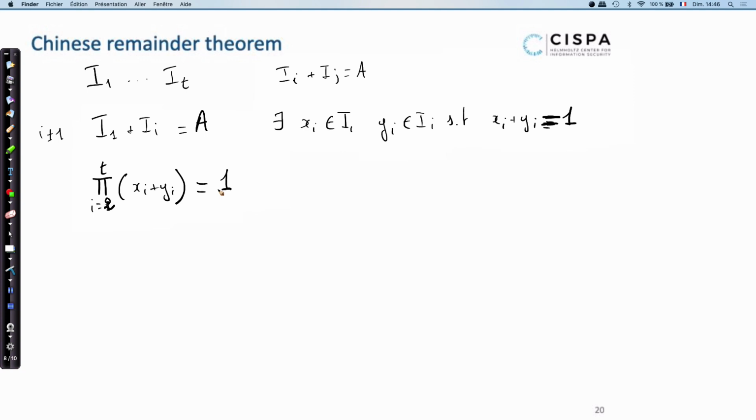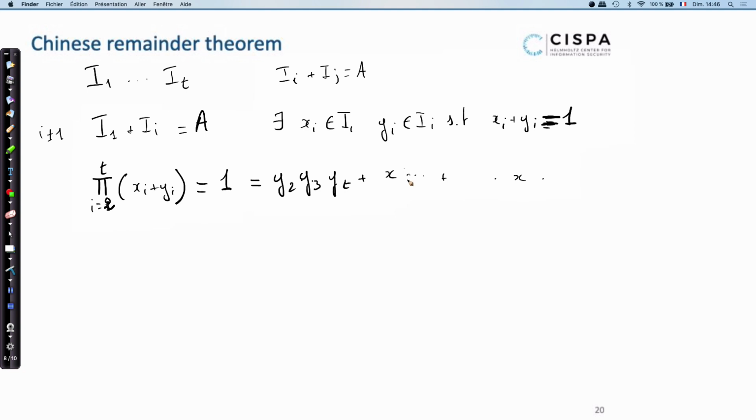But now if you expand the product, you can see that there is one term, which is just y2 times y3 times up to yt, and all the other terms have some x in it.